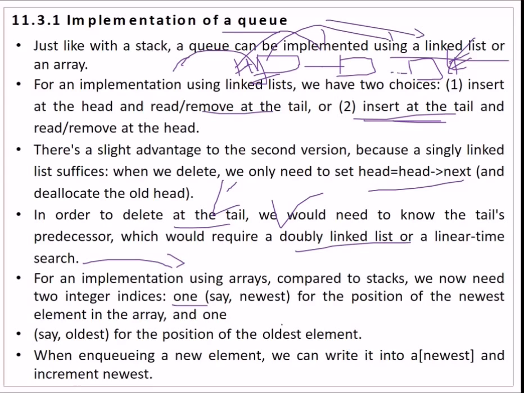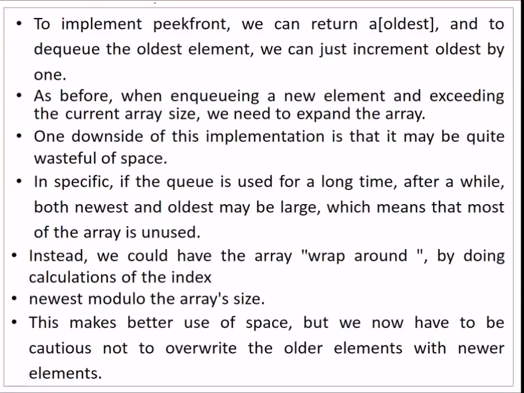When enqueuing a new element, we write it at newest and increment newest by 1. To peek at the front, we just return the oldest, and to dequeue the oldest element, we just increment oldest by 1.